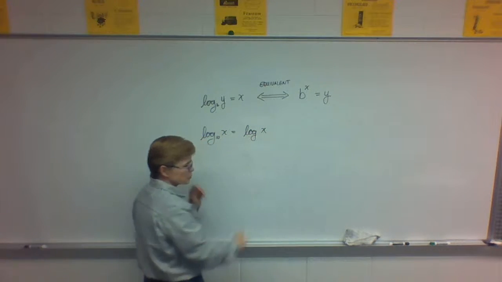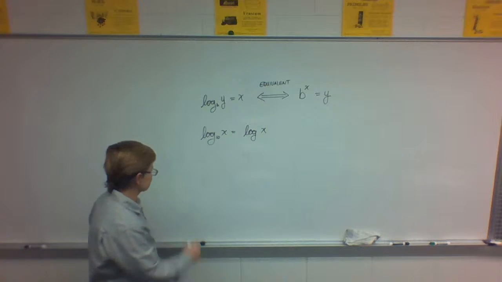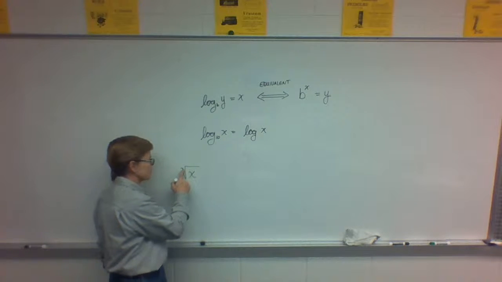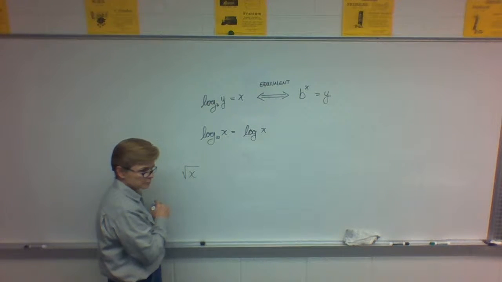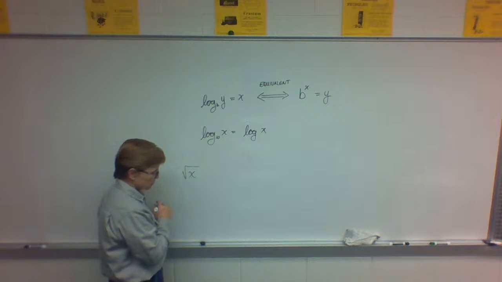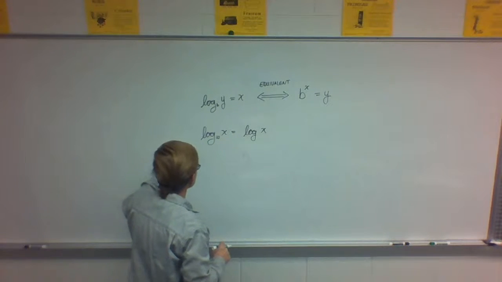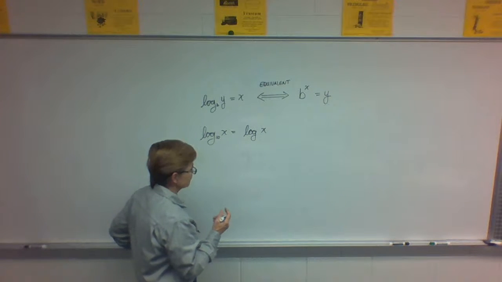When you see no subscript there, it means 10 by default. Just like the square root does not have a 2 in it, because we use this so often. It's not written. We all understand it means 2. You know what I mean? Okay, so you won't see log base 10 from now on. If they mean log base 10, they will just write log, and we will say log 10.